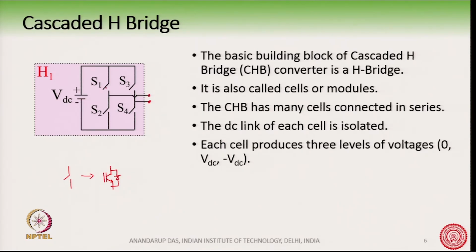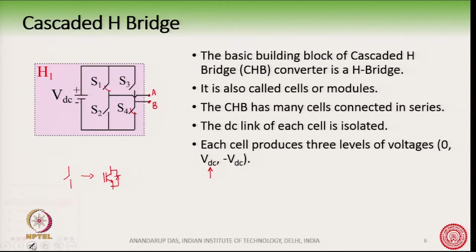So, for example, if S1 is turned on and S4 is turned on, and this voltage, if I say VAB, so if we turn on S1 and S4, then VAB voltage will be equal to plus VDC. In this case, VAB voltage is plus VDC, this one. Okay.